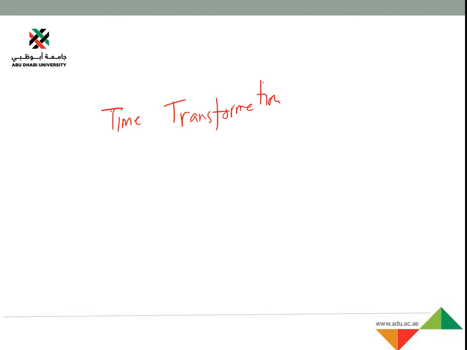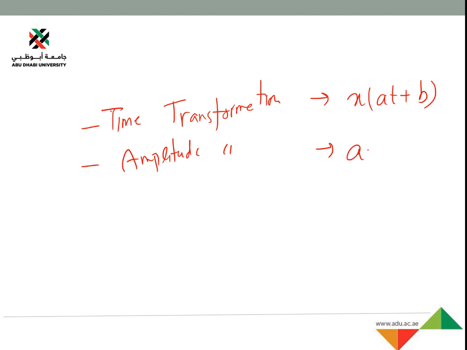We have seen different kinds of operations for the time transformations, and for the amplitude transformation we also have seen that we can perform different operations. Okay, so we've seen different examples.